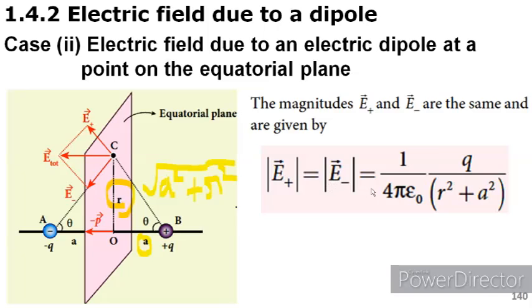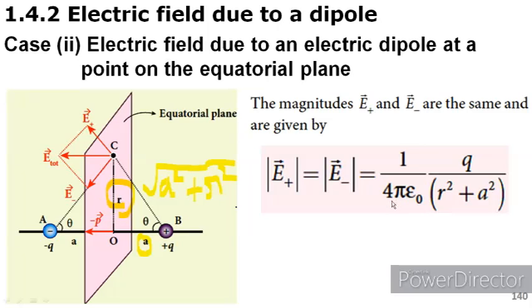Similarly, E minus is equal to 1 by 4 pi epsilon naught into Q by r square plus a square. We are calculating only magnitude, so you have to write plus Q. So here we have written the magnitude of the E plus vector and E minus vector.